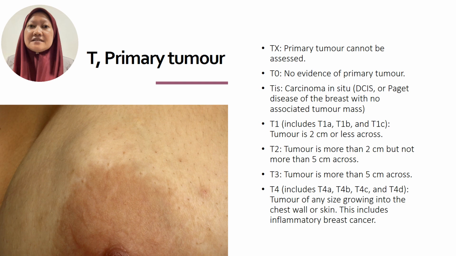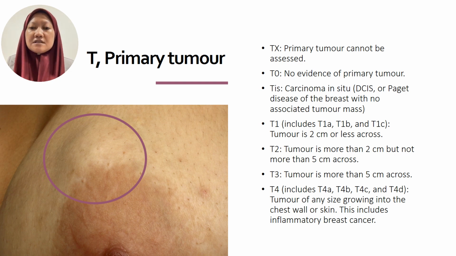Now, let's take a moment to analyze this image. Can any one of you identify any abnormalities? Yes, as you can see here, there is a noticeable lump in the right breast. The primary tumor can be staged based on its size.